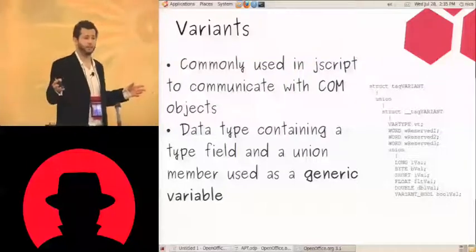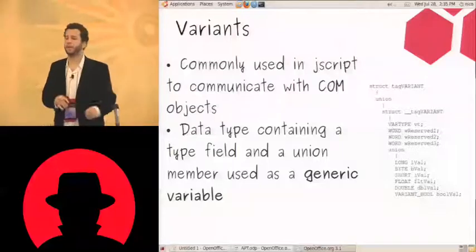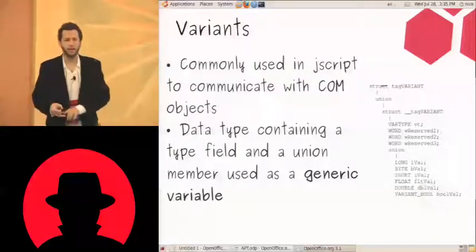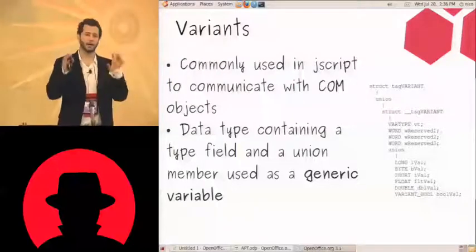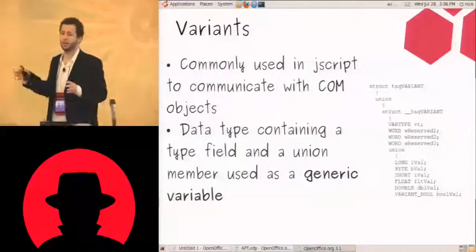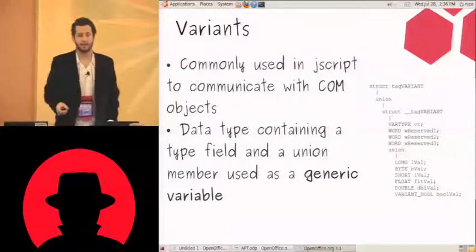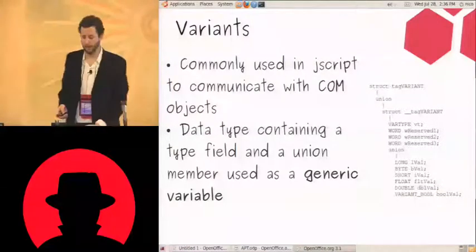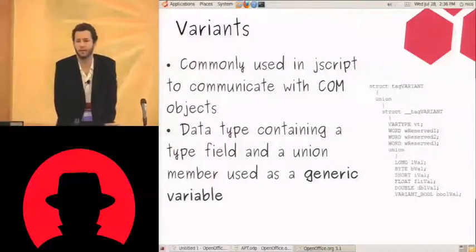That's what variant means. And they have to check if it is an integer, then do the following. If it is a string, then you have to handle it that way. If it is an iDispatch object, you have to handle it the following way. And that usually introduces a lot of bugs, which is actually, I think, the problem that the people have in the bug that I'm going to explain later, basically because they didn't expect all the different types of objects.